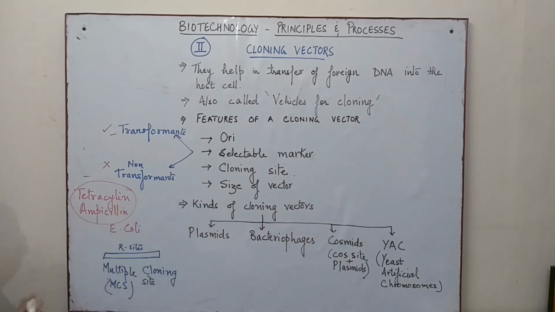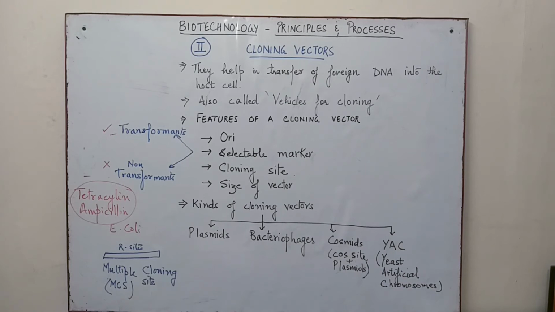Coming to the size of the vector. Now the size of the vector is also very important. A small size vector is always preferred over a large size vector. The reason is large molecules are more likely to break down during the process of purification, and large vectors are also difficult to manipulate.